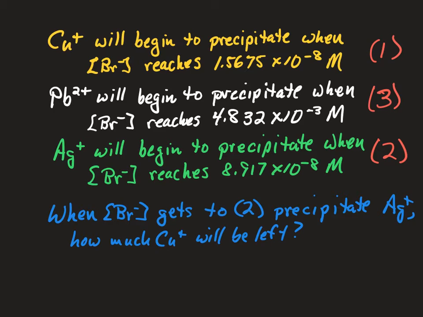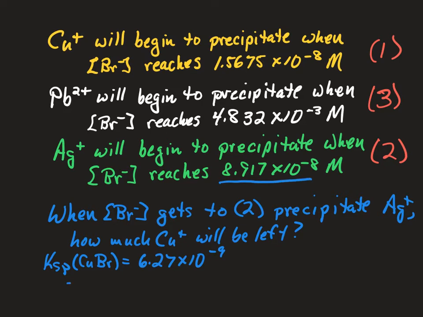All right, well, our KSP for copper bromide is 6.27 times 10 to the minus 9, and our concentration of bromide ion will be this.